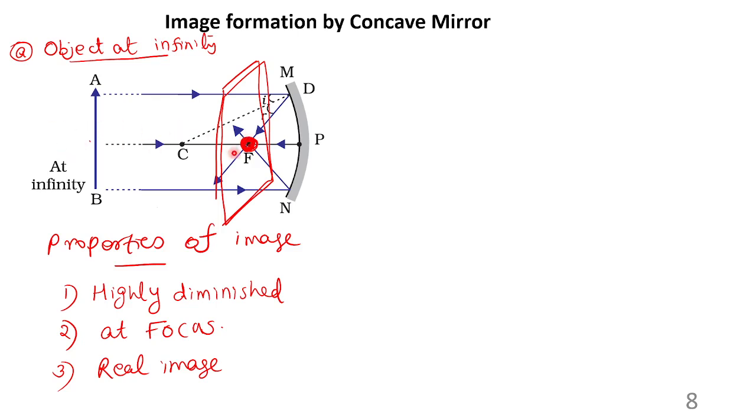With my eye, I can see this dot on the mirror. Also, if I keep a white screen here, I will get an image of the sun on the white screen also. So we say that it is a real image. Real image means the image can be obtained on a screen. Let me write here.